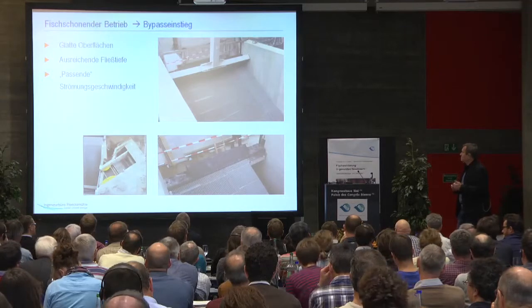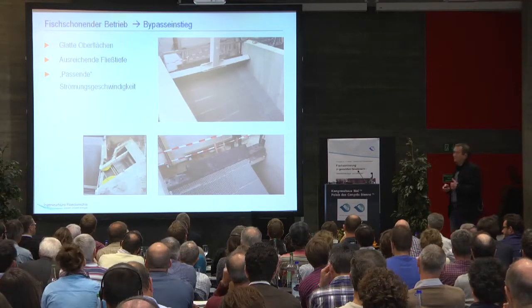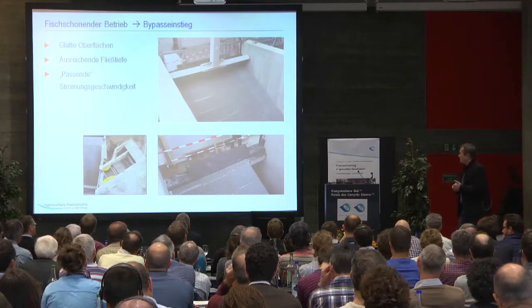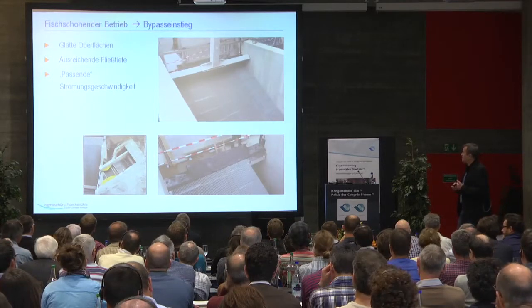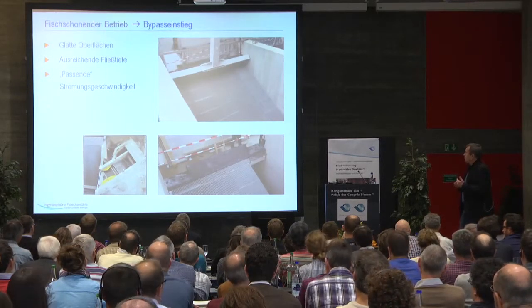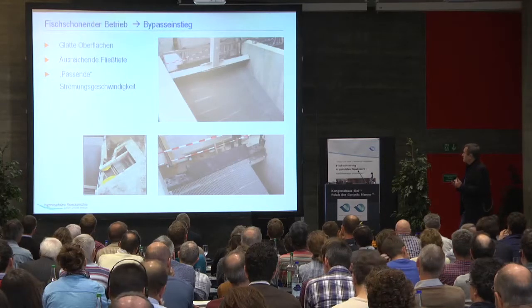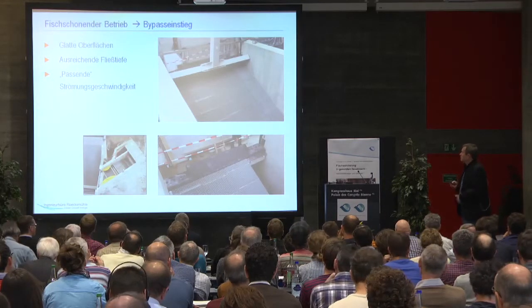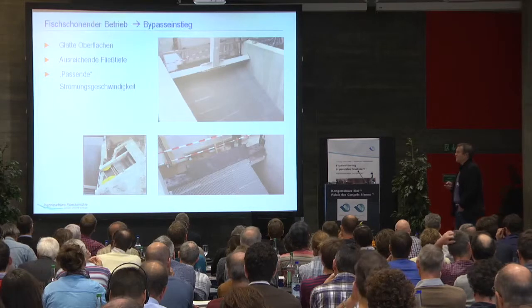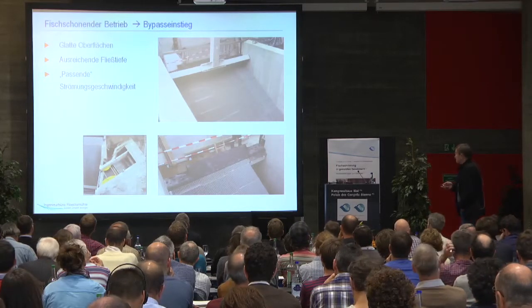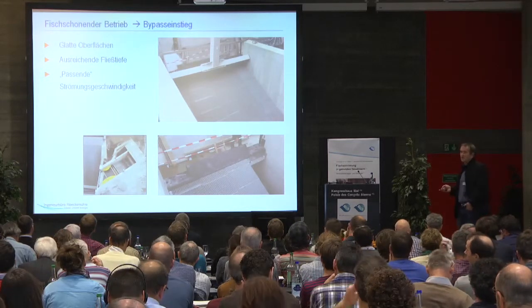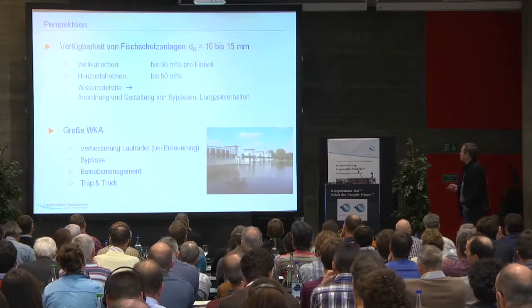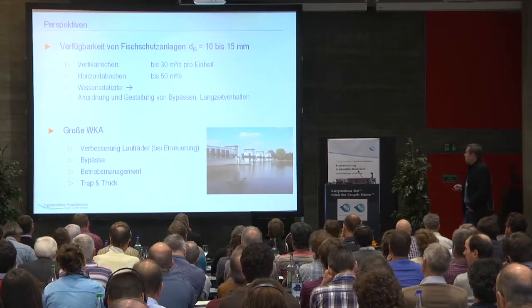So it is clear that certain flow conditions like too high velocities disturb downstream movements, but too low velocities can also disturb the downflow movement, and here we need to find the optimum velocity, and this is some work to be done in the next few years.